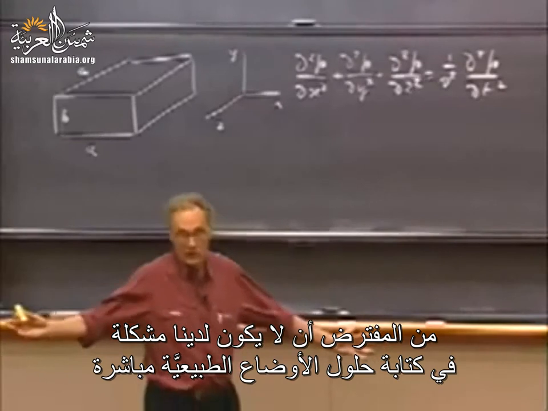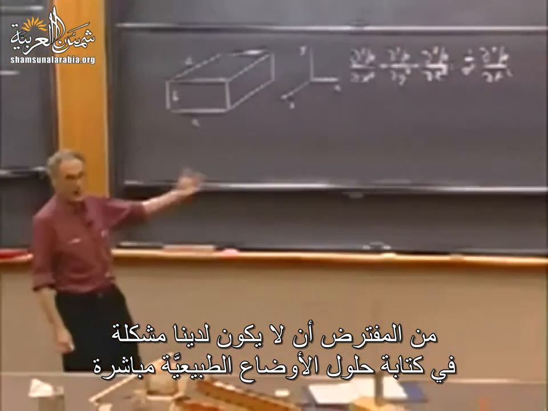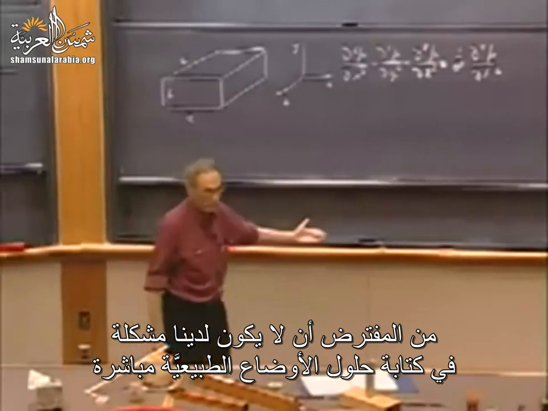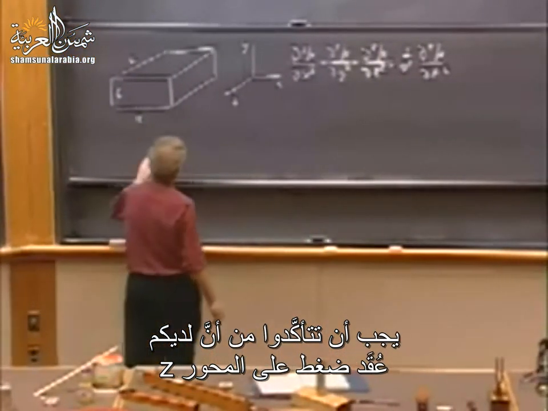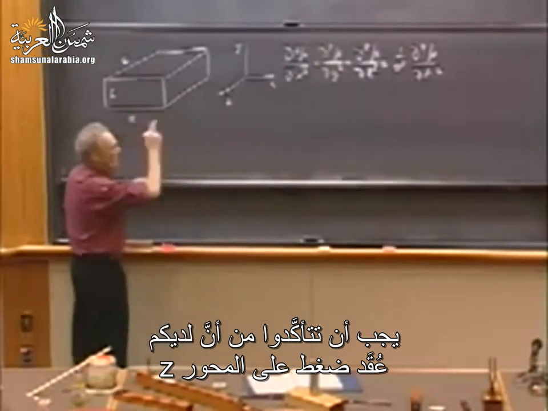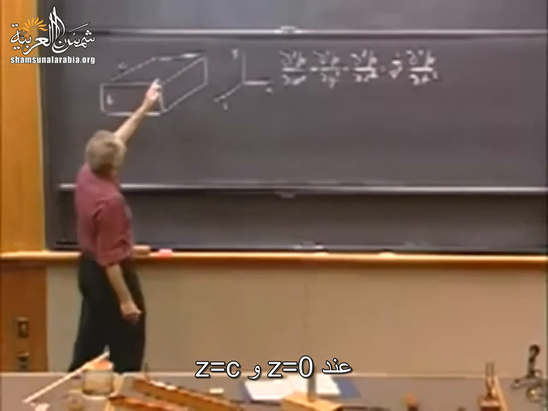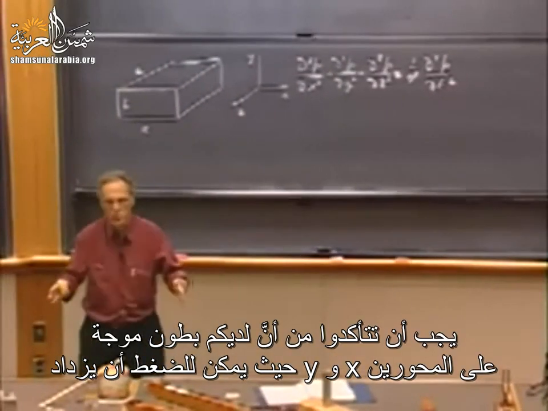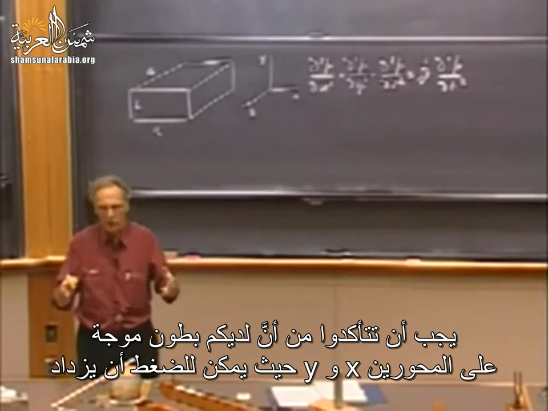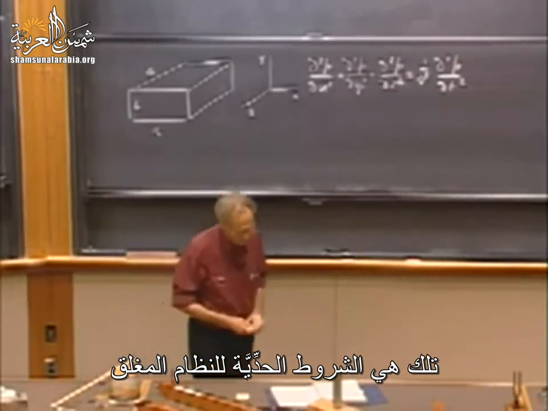And so, it should really be no problem for you or me to write down immediately the solution of the normal modes. You must make sure that you have pressure nodes in the z direction at z equals 0 and at z equals c, and you must make sure that you have antinodes in the x and the y direction where the pressure can build up. That's the boundary condition for a closed system.